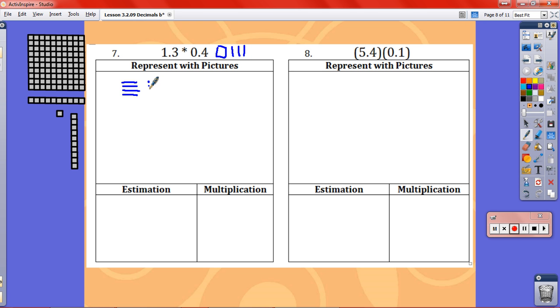So 1, 2, 3, 4. 1, 2, 3, 4. 1, 2, 3, 4. And 1, 2. Oops. Did not need that extra row. Remember what you're multiplying by. My estimate is, well, it's going to be less than 1.